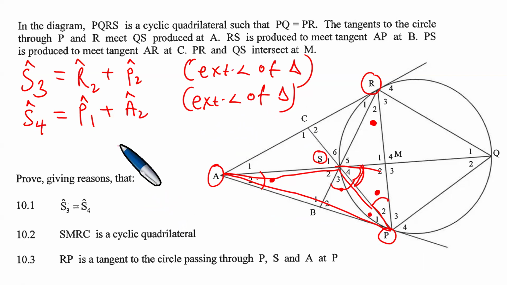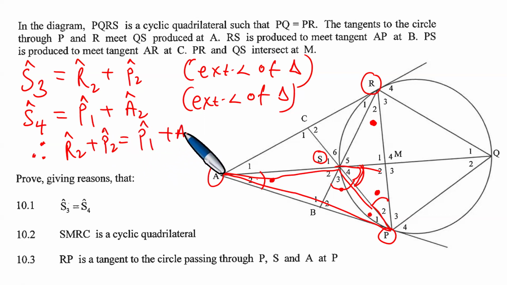We have already established from 10.1 that the angle S3 equals S4, so that we're able to have that R2 plus P2 is equal to P1 plus A2.